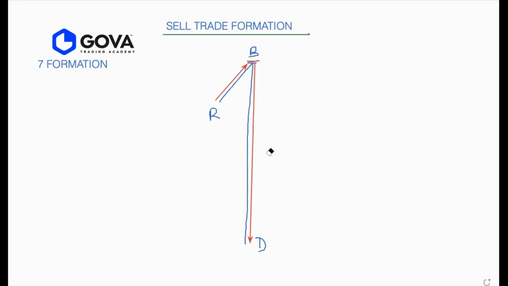Now here's another example of a sell trade formation. The other example we have for a sell trade formation is the drop-based drop formation, okay? Why do we call it a drop-based drop?